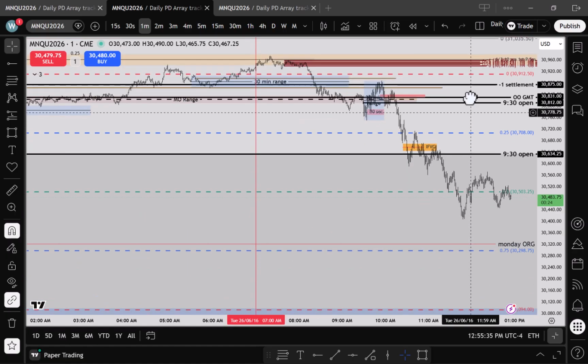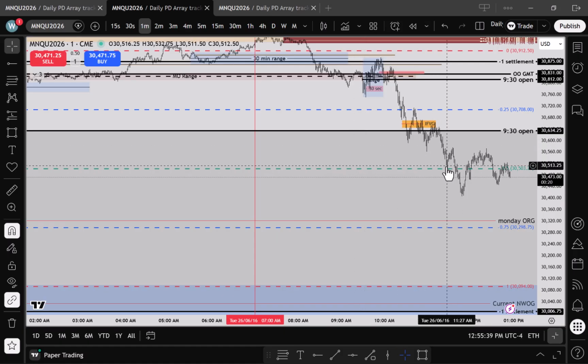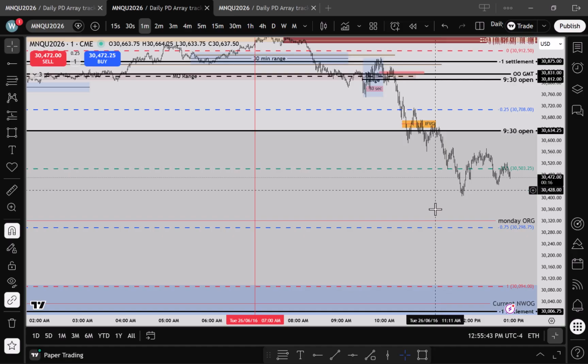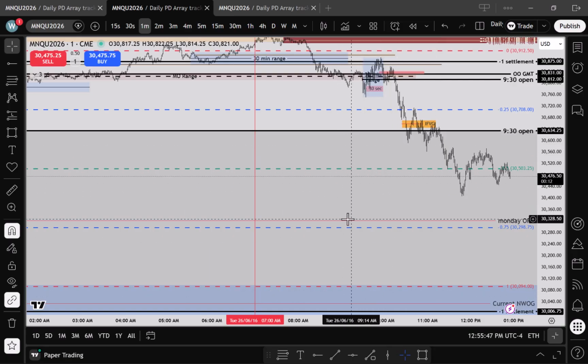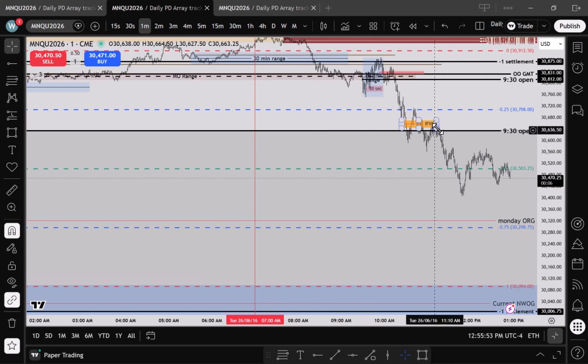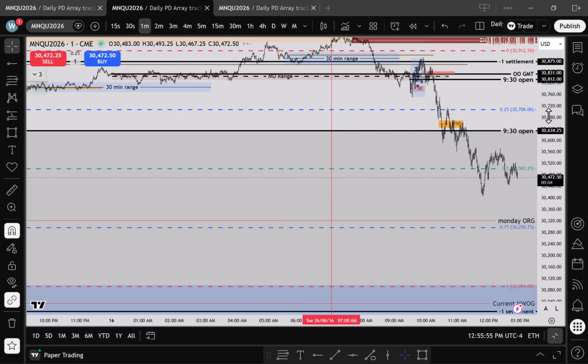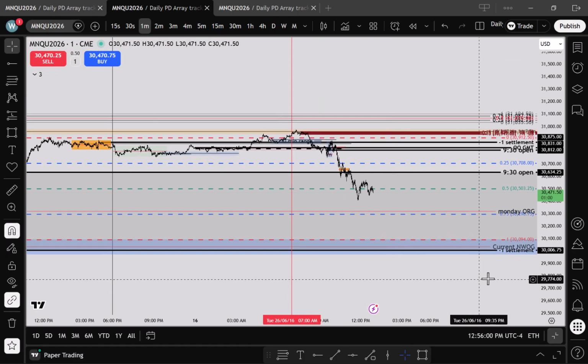So I left this on and put my remaining take profit at this 50% of yesterday's daily range, which, eyeballing it, is probably a little bit less than the upper quadrant of the opening range gap.